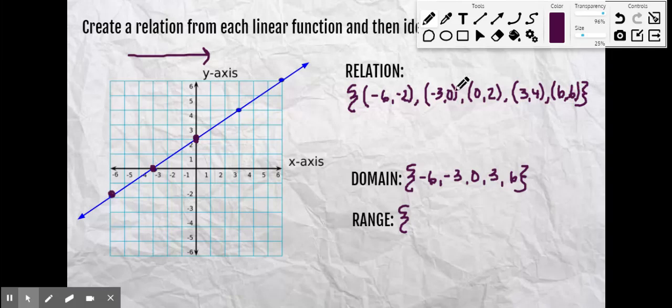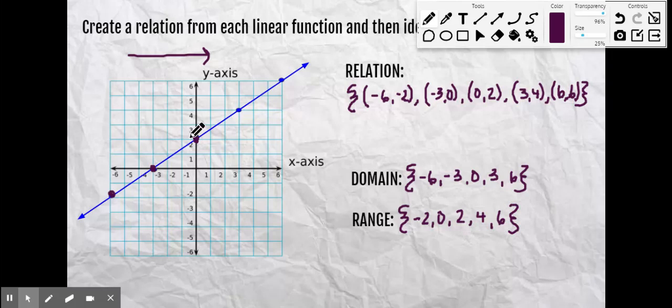Those seem to be in numerical order as well, and the reason why is my line is increasing. So as my line increases, it starts low on the y-axis and then builds. So therefore, it gives me a little insight into my listing of my range, and that it would be automatically in numerical order. And there you go.